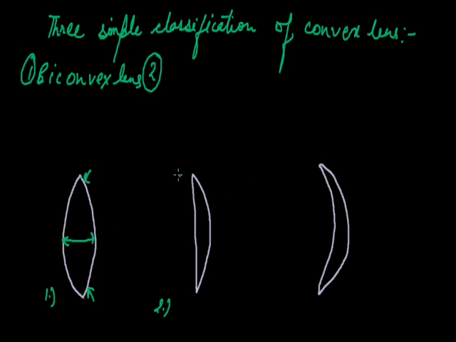If we talk about the second diagram here, this diagram is showing us one plane surface and one convex surface, and we can see again that the middle part is thicker than the edges of the lens. That's why this lens is said to be plano-convex lens.